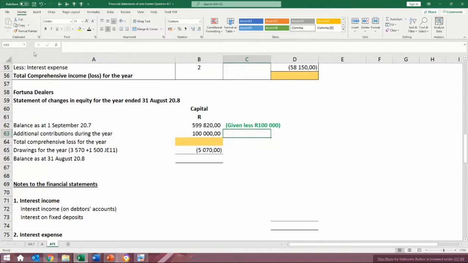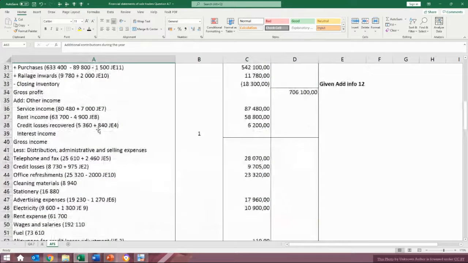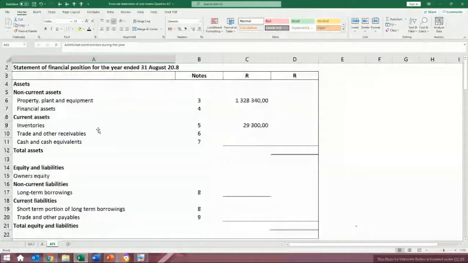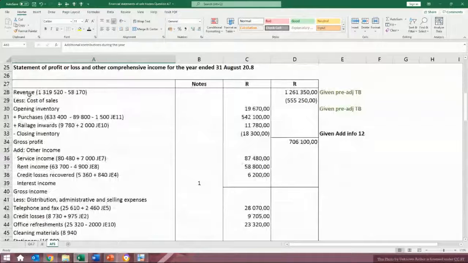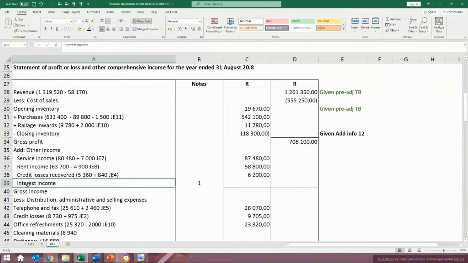Okay, now let's complete the rest of the question based on what's on the trial balance. So we've done all the additional information journals now. Let's start with the income statement. We've got revenue, we finished the cost of sales. So we've already done 3 of the incomes. Now we have to do interest income.